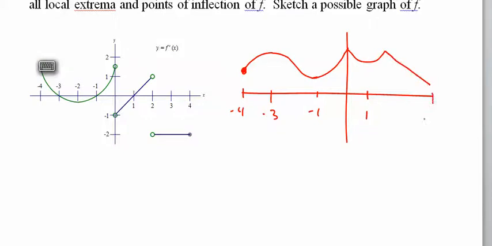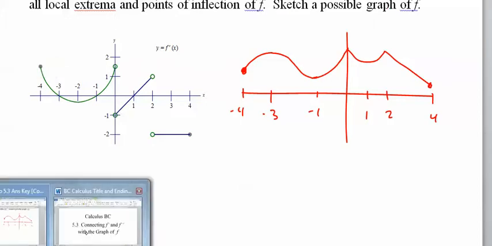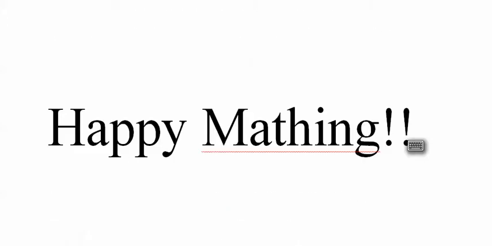And stops at 4. And this is at 2. So notice it's continuous, not differentiable, which this already shows. It's got holes in it. And that is more than enough to keep you busy. Happy mathing.